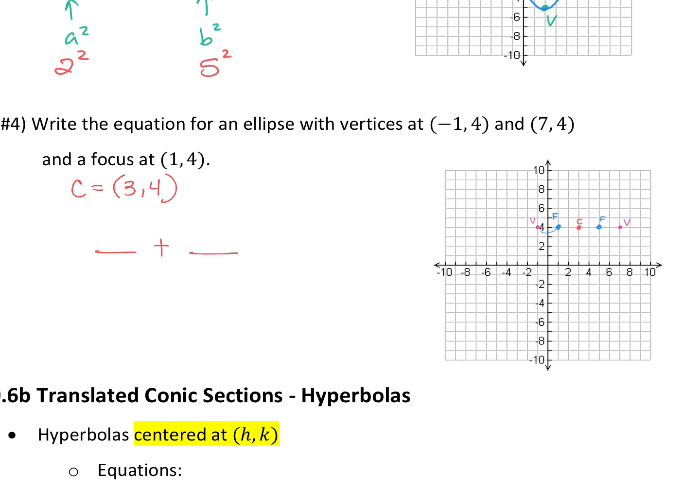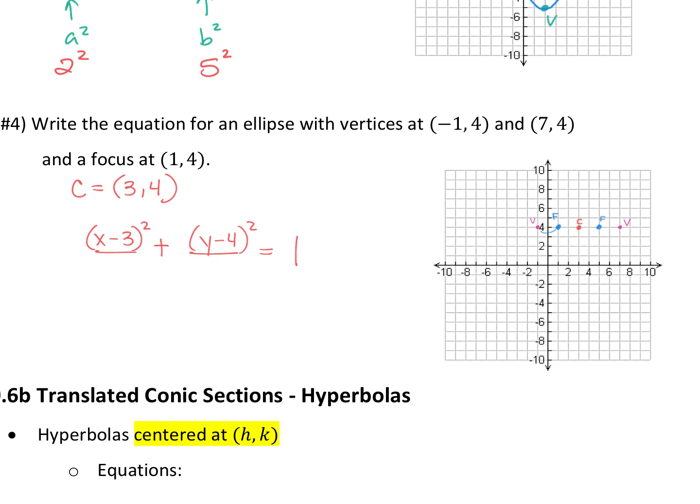We don't care about order with an ellipse because we're adding, and addition is commutative, so we just always put the x first on this one. So this is going to be x what? From our center. x minus 3 squared plus y minus 4 squared equals 1. And then we got to figure out our a value and our b value.